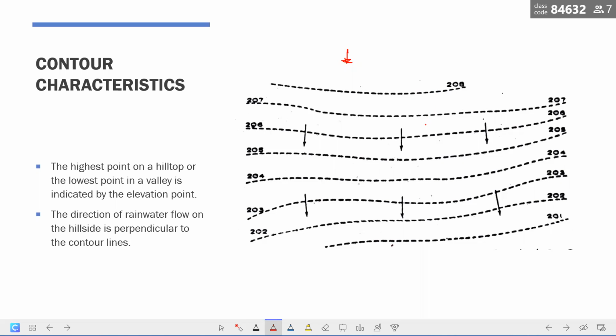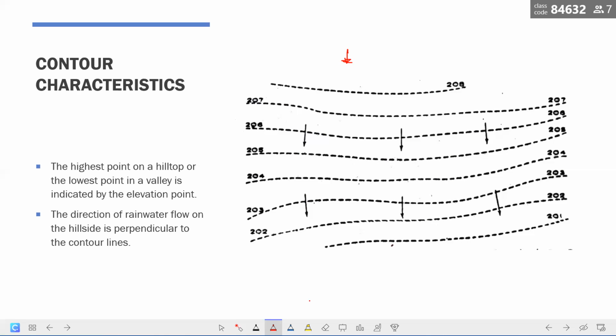Now, when you want to represent rainwater flow on a map, it is good practice to represent those lines perpendicular to the contour lines, because water tends to travel the shortest distance downwards.